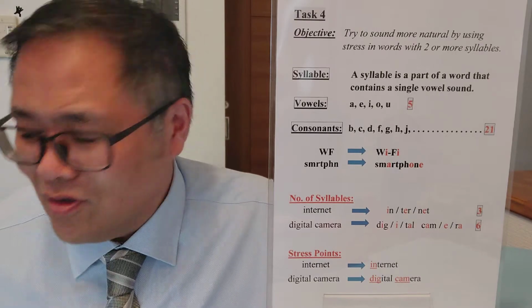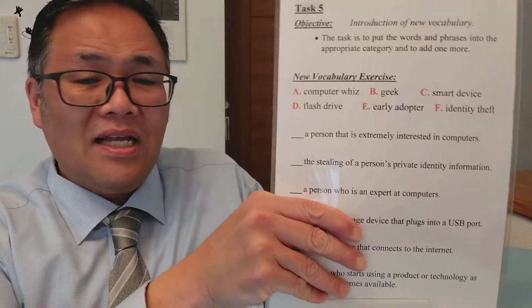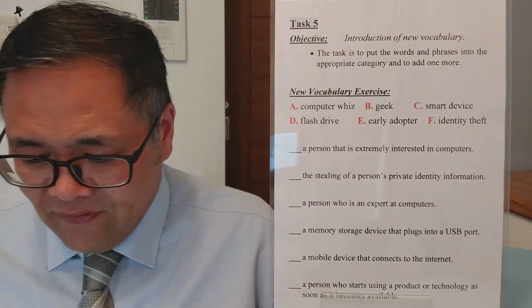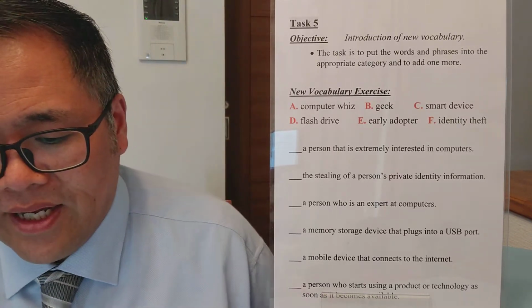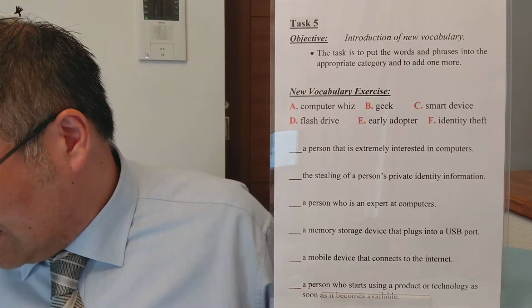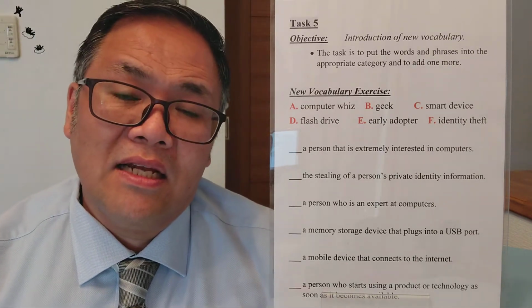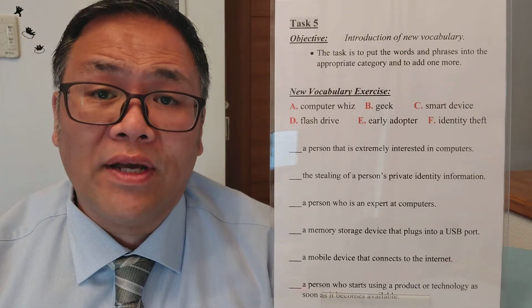We're moving on to the next page, page 46, task 5. In task 5, the objective is the introduction of new vocabulary. In this exercise, they've given you 16 words or phrases, and you have to put them into 4 categories.